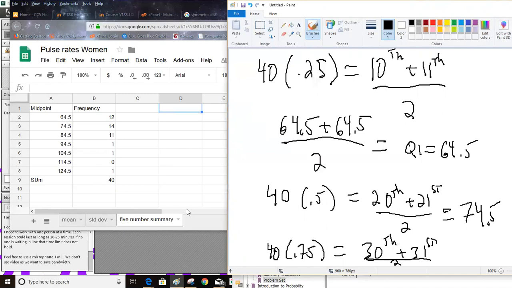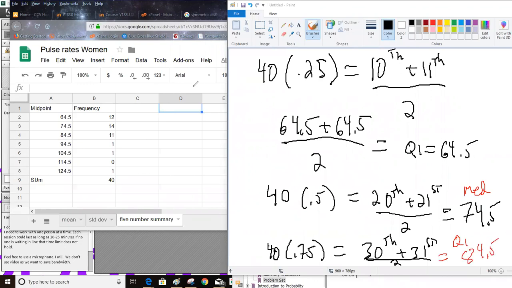Let's see if we have to do much math with this. I see 12 plus 14 is 26, plus 11 more will make 37. So that tells me the 30th and the 31st number are both in this class. So this is the median, and this is Q1, and that makes Q3, what did I say, 84.5.